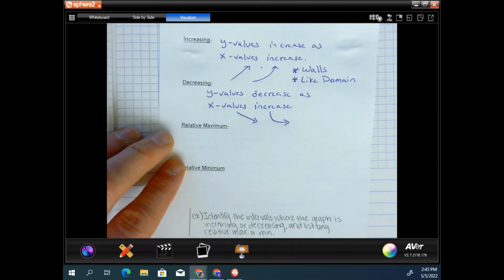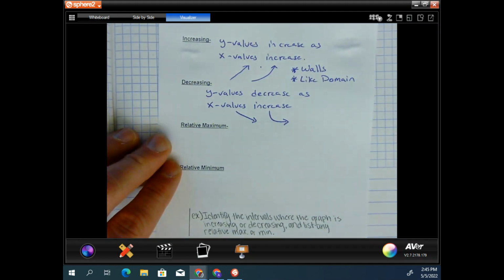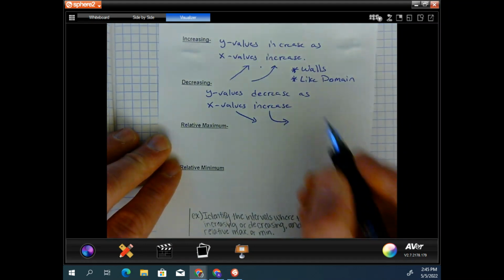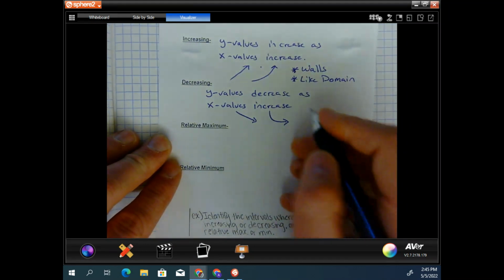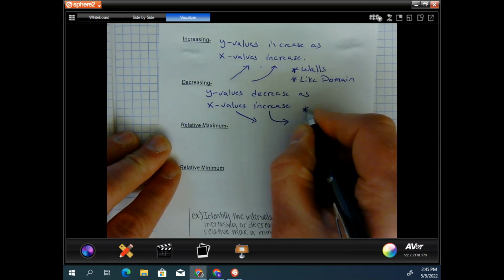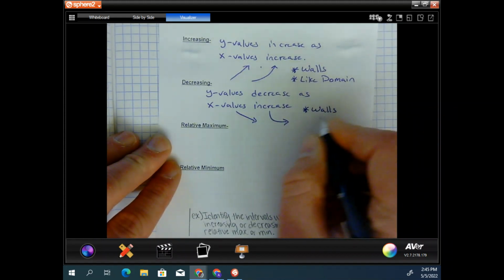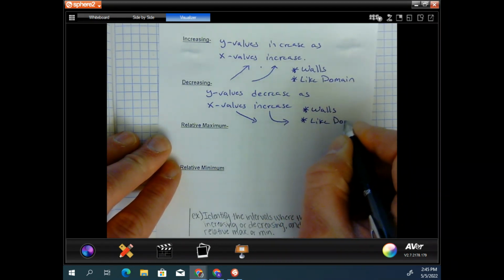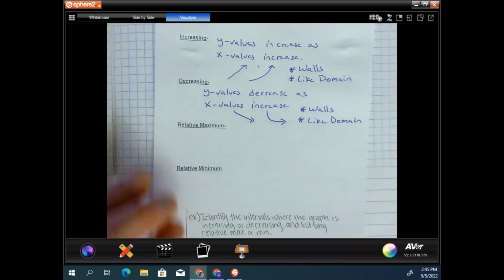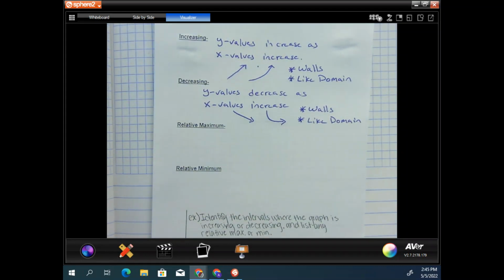Or we might have a curve down just like that. This is the same. You're looking at the walls again. And you write this just like the domain. You even use x as your variable.